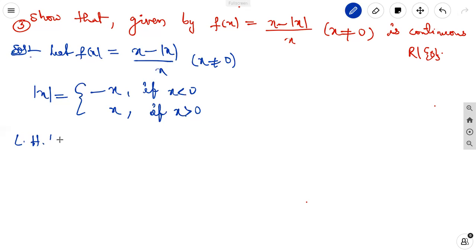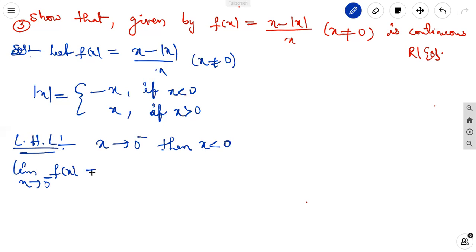First, we take the left hand limit. LHS means nothing but left hand limit. In this, for x tends to 0 minus, the x value is negative. That is x is less than 0. We take the limit x tends to 0 minus f of x. It is equal to limit x tends to 0 minus of x minus mod x by x.